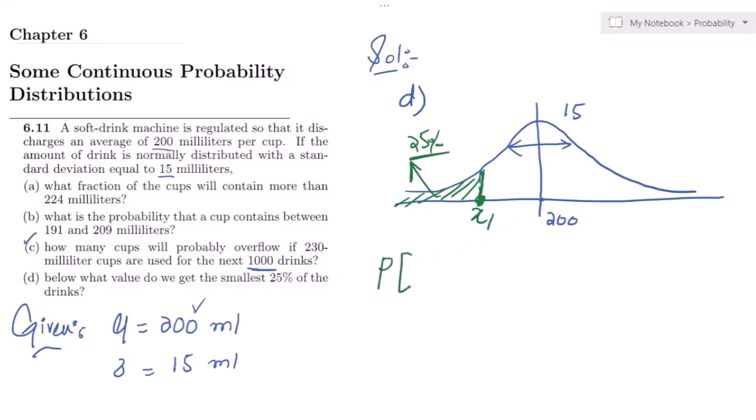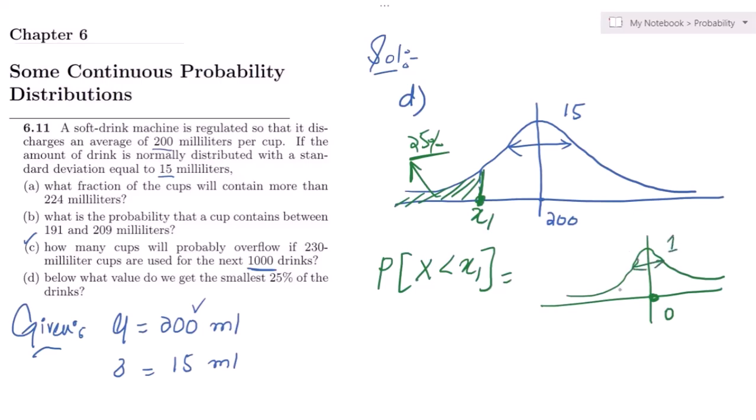So if we have x is less than x1 in this distribution, then in the Z distribution the mean value would be 0, the standard deviation will be 1, and here we will have this Z1.